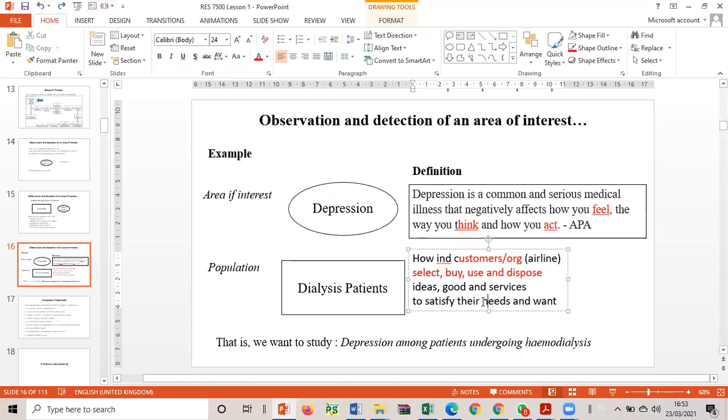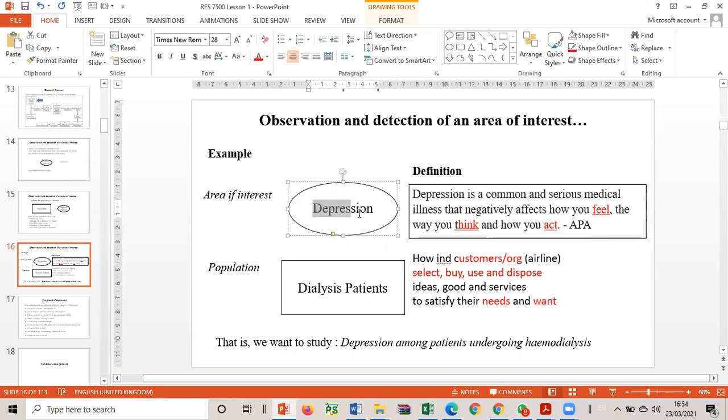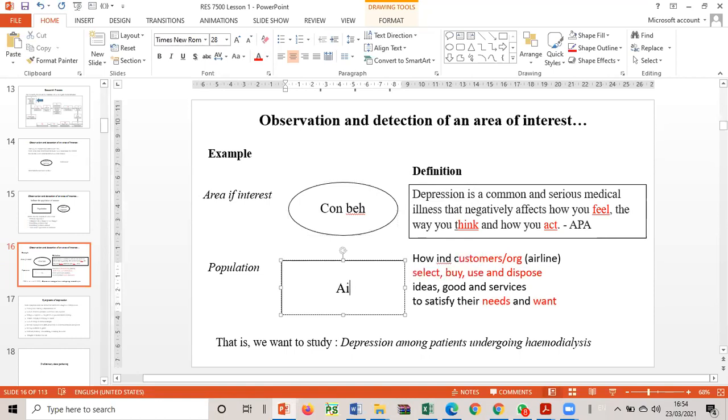The needs and wants may differ from person to person, right? So these are keywords. You should be able to develop or adapt questionnaires that measure exactly something similar to this. So your interest will be consumer behavior, and the population will be those involved in the airline industry.